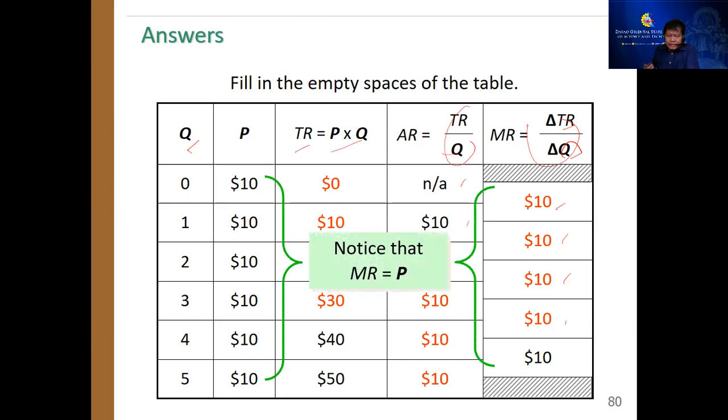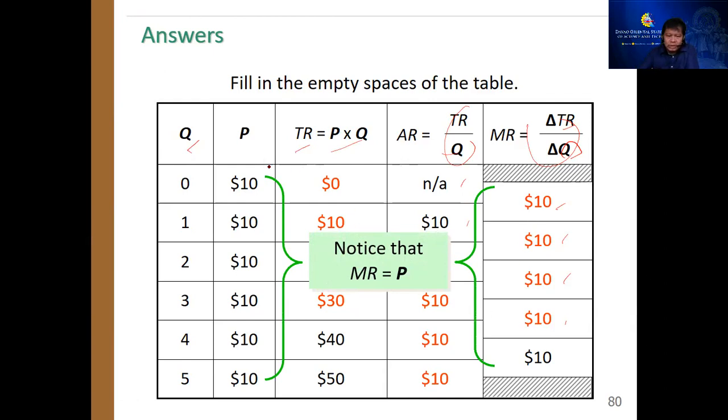So, notice that the marginal revenue is equal to the price, no? Look at the price. Price is 10. The marginal revenue all throughout is 10. Why?